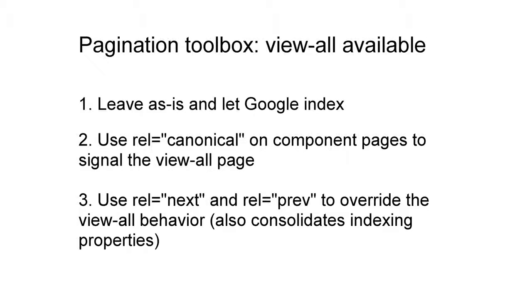Now let's get into the types of configurations you have available. So recapping, if you have a View All page available, you have 3 options. You can leave as is, you can use rel canonical on your component pages pointing to your View All page, or you can override all the View All detection by adding rel next and rel prev, telling us that these component pages belong to a series, and I'd like you, Google, to send searchers to the most relevant individual page, again, likely page 1.